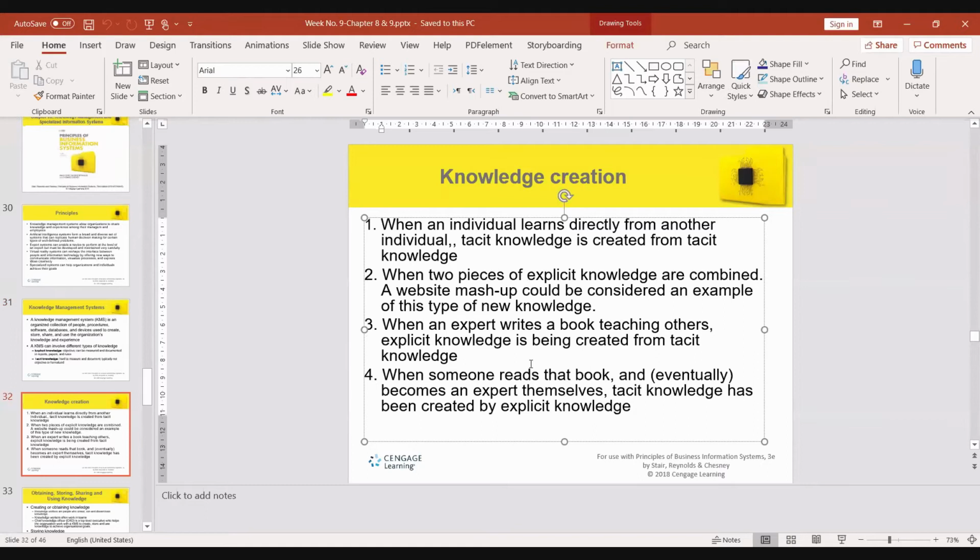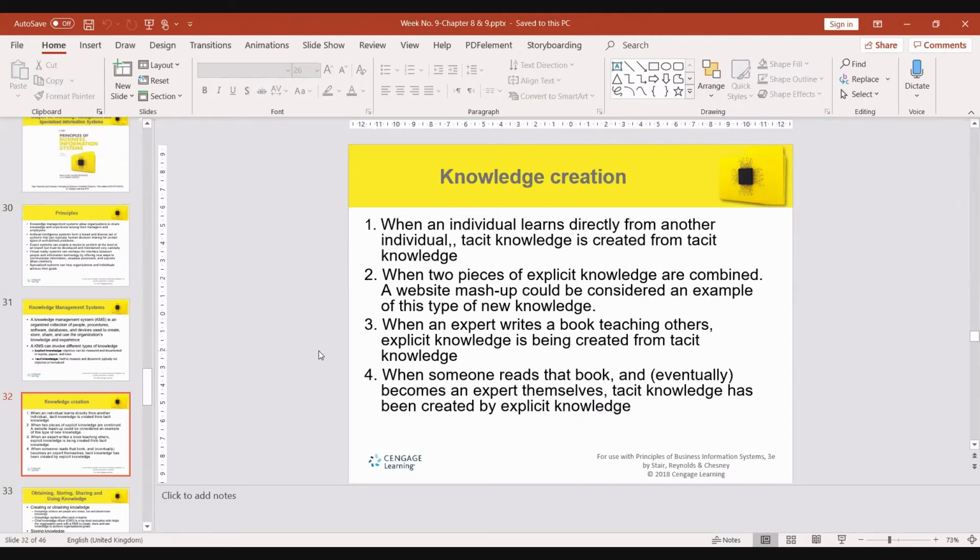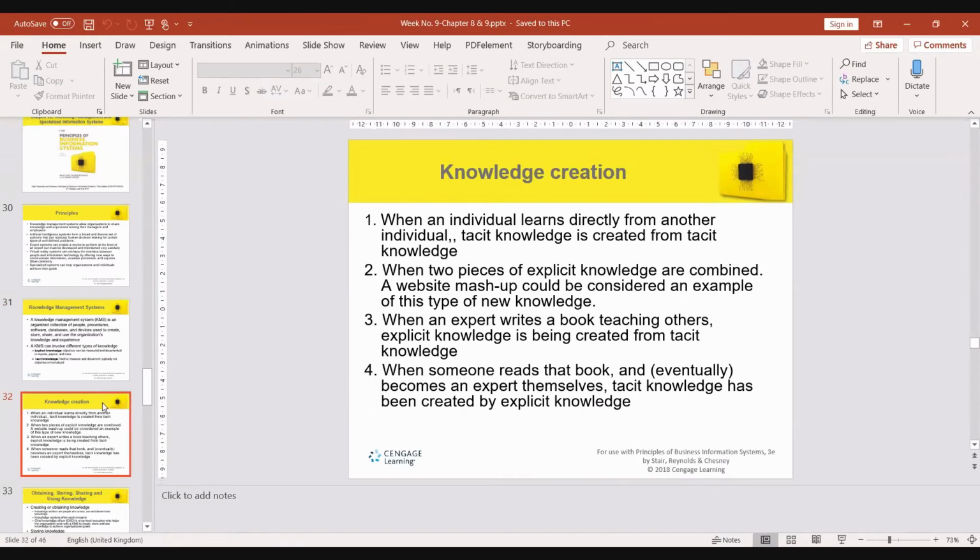Got it? Yes, clear. When someone reads that book and eventually becomes an expert themselves, tacit knowledge has been created by explicit knowledge.